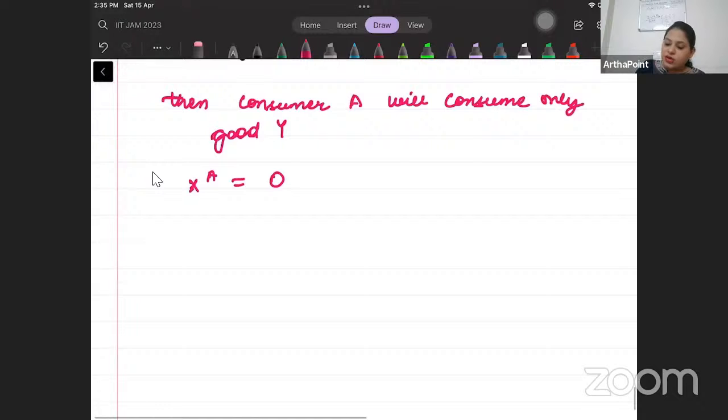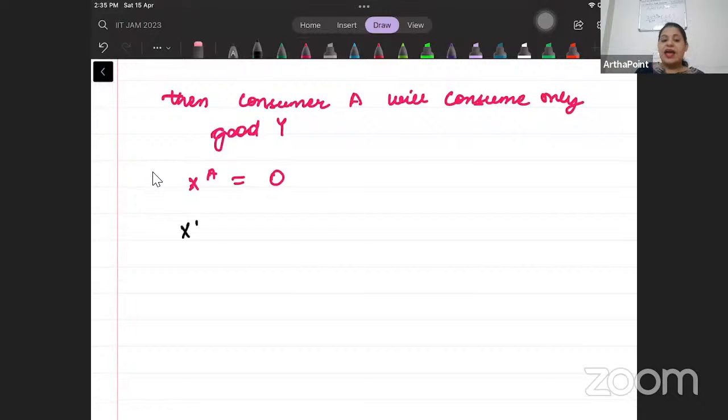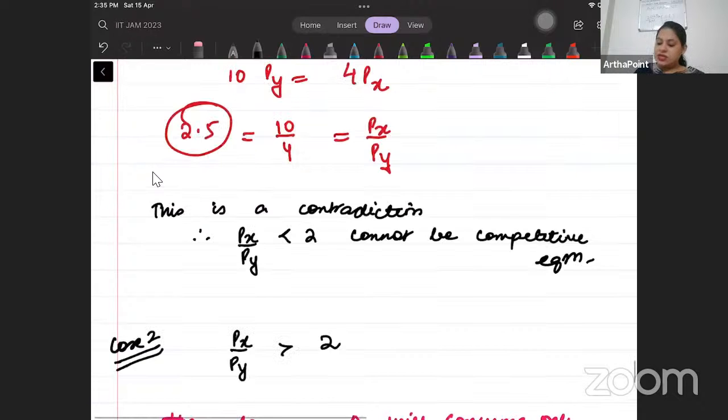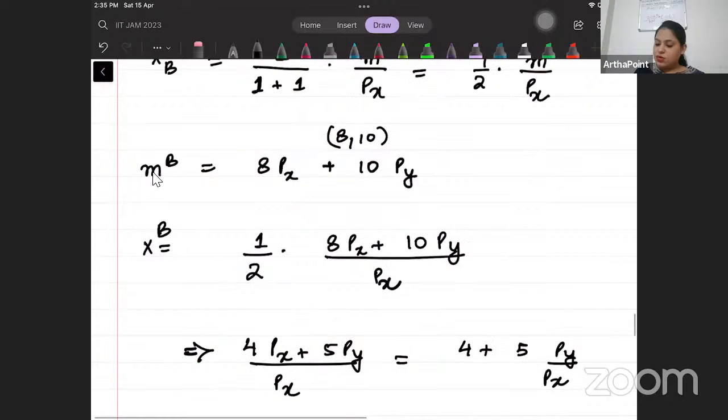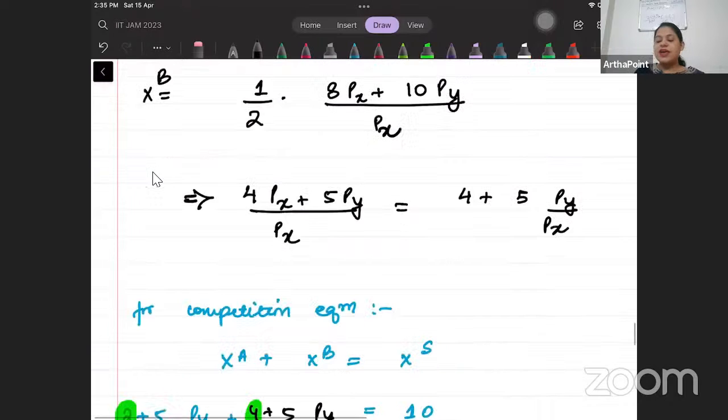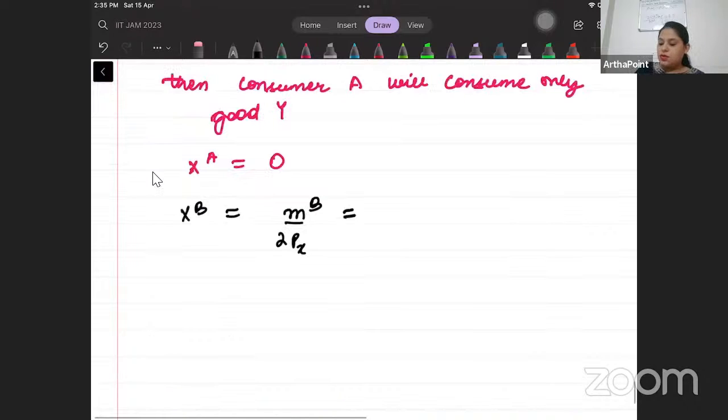And demand of good X by B, I have already found out. It is given by M by 2px. And this value beta we had found out as 4 plus 5 py by px.